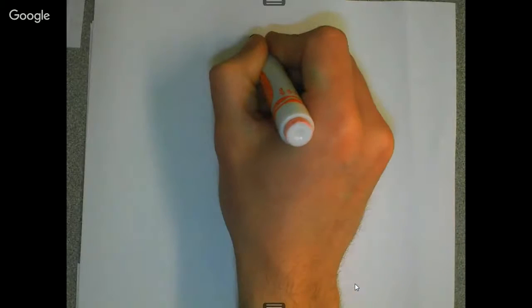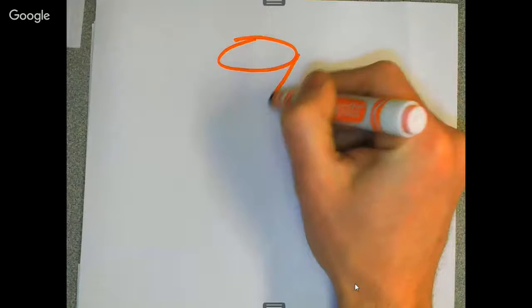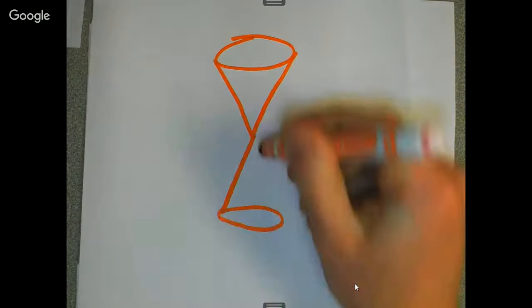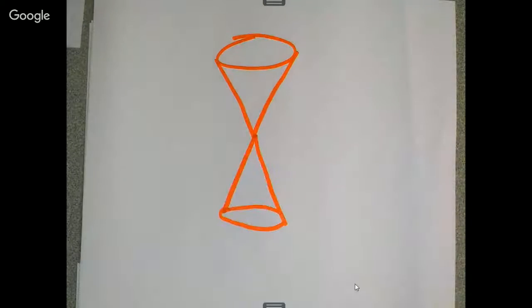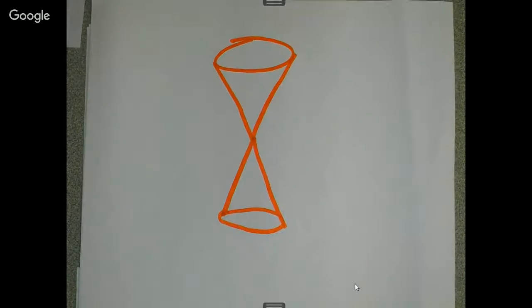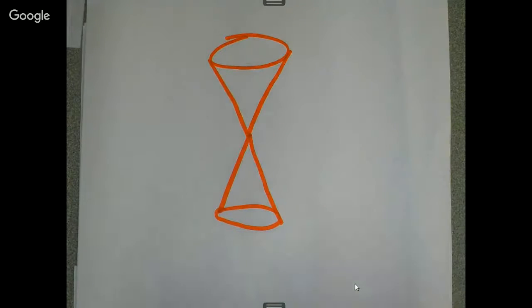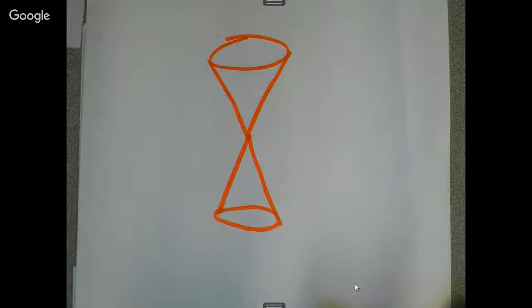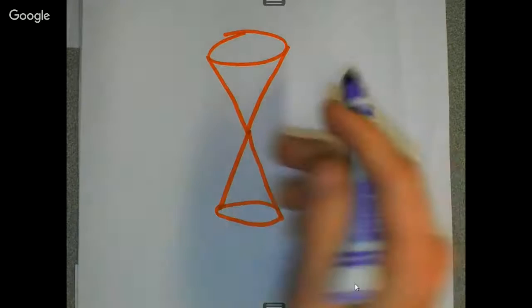Imagine if we were to take two cones and stack them on top of each other. Okay. And then we're going to take a piece of paper or just a knife and we're going to slice these cones in specific directions.